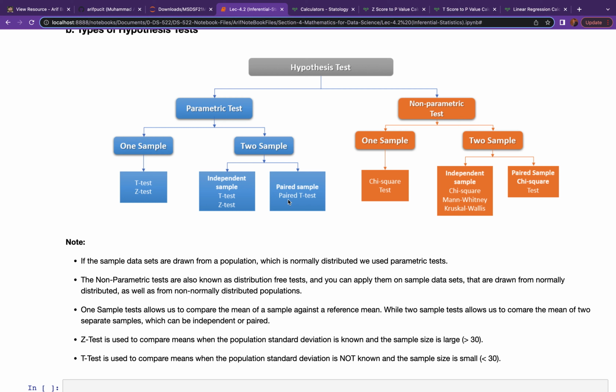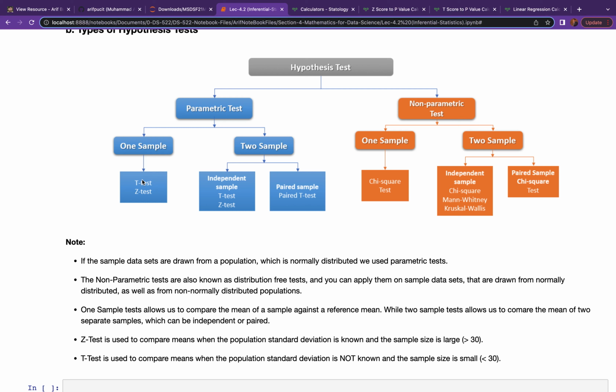My dear students, today we will use the t-test. You can also use the z-test. The z-test is used to compare means when the population standard deviation is known and the sample size is greater than 30. And the t-test is used to compare means when the population standard deviation is not known and the sample size is small, like less than 30.